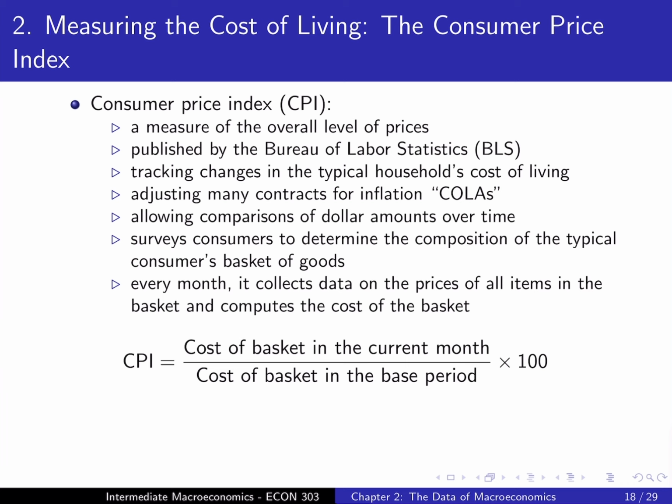Every month, the BLS collects prices for each item in a basket and computes the total cost of the basket. Formula for CPI: CPI equals cost of the basket in the current month divided by cost of the basket in the base period, times 100. The CPI provides a practical way to monitor how the cost of living evolves over time, and it is widely used in economic and policy decision making.